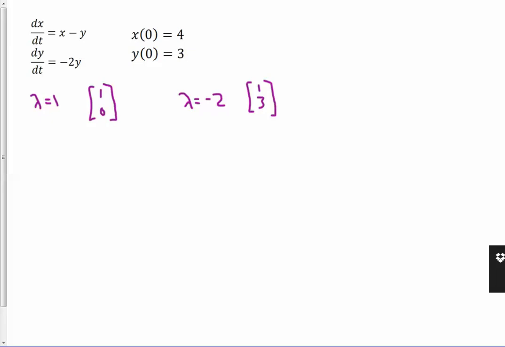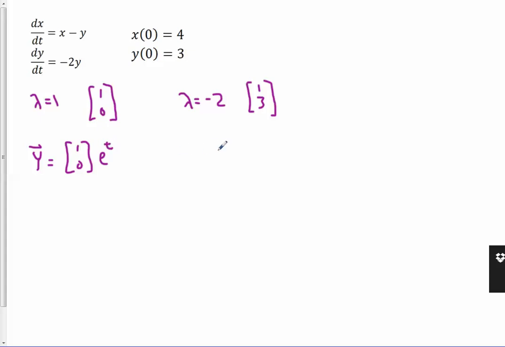Now we come back to the world of differential equations and we turn these into the actual solutions. So for this eigenvalue and this eigenvector, the solution would be 1, 0, e to the 1t. The lambda goes in with the t, and that's what we talked about in the last video, that it would be an exponential with lambda as the coefficient next to the t.